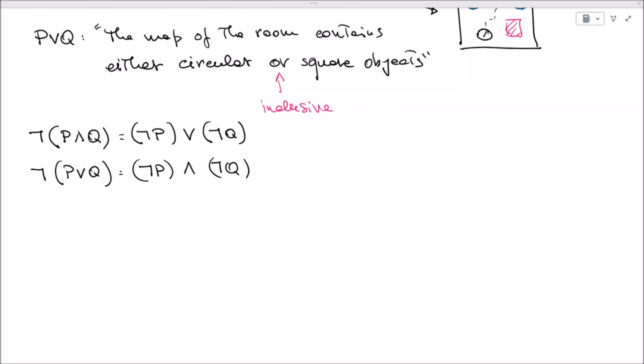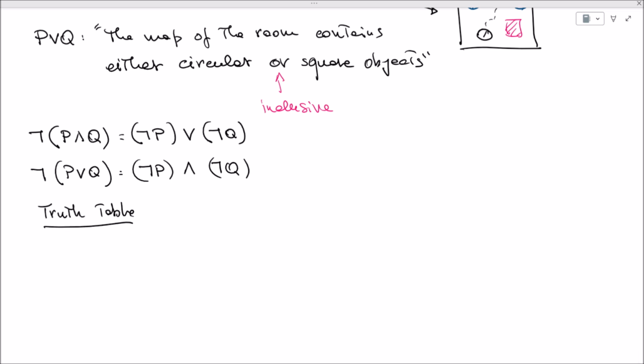When working with binary operators, it is very useful to represent all possible combinations of truth values for P and Q and the new proposition in a table. This table is called the truth table.